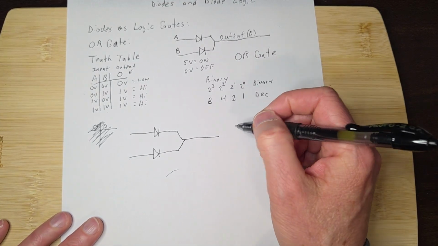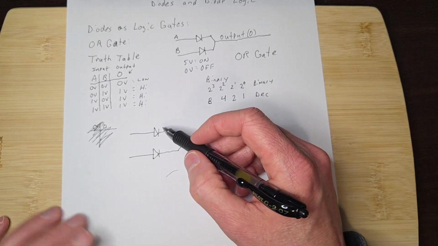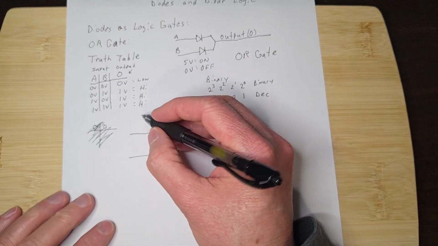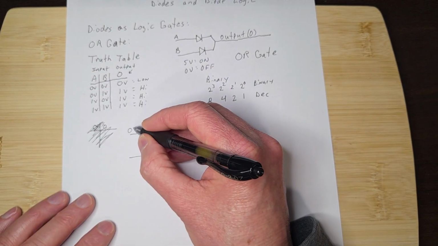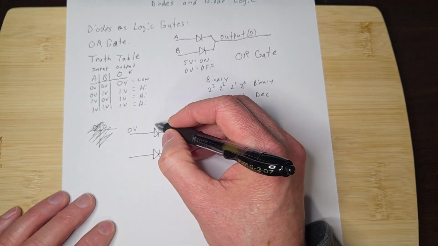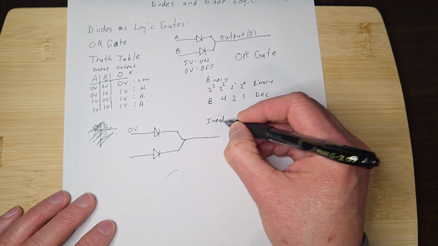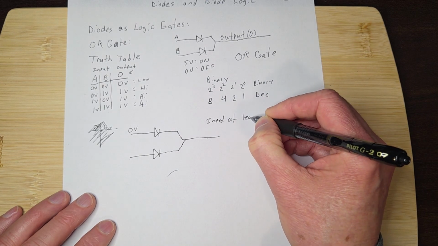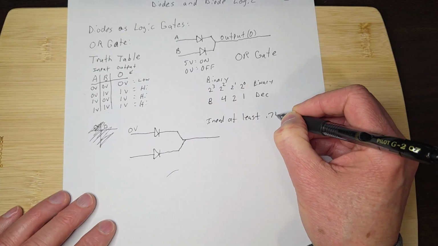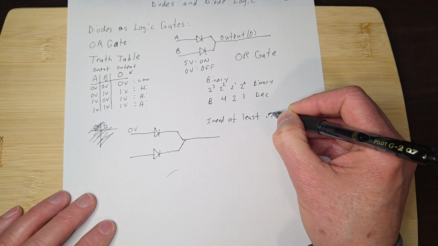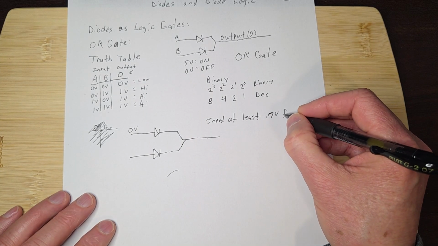But anyway, to give an idea of how this is working, if I put 0 volts here, well, I need at least 0.7 volts for forward bias.